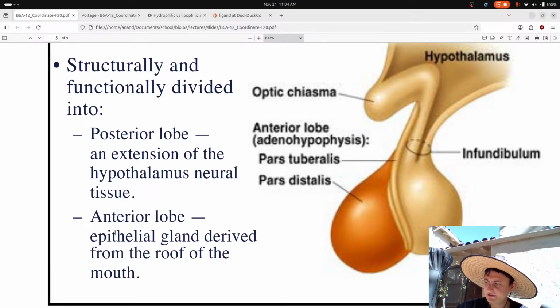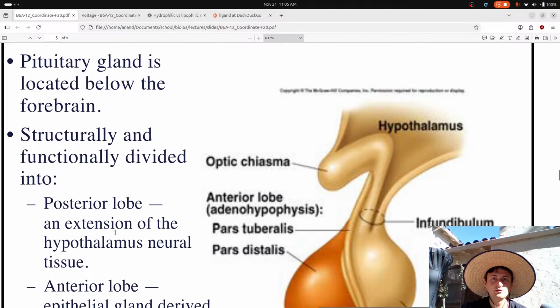The posterior is from hypothalamic neural tissue, but anterior is an epithelial gland from the roof of the mouth. Wow, roof of mouth. I was not expecting it to say that. That's weird. Where's the hypothalamus?